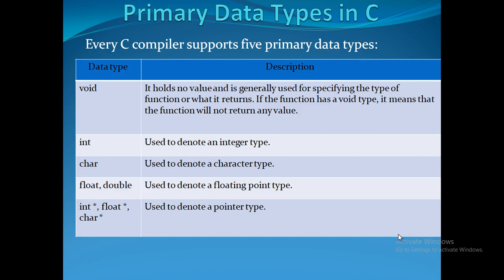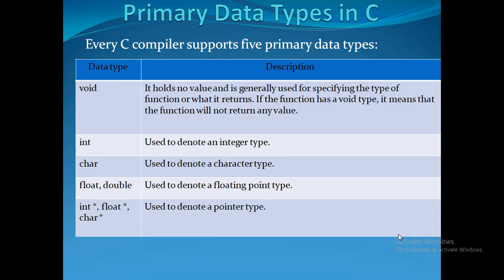Whether this function returns some value, whether after the execution of this function we will get any result from it, or it is just a procedure to execute these particular statements, or whether we are passing any parameters to the function. All those things are very mandatory for a function.